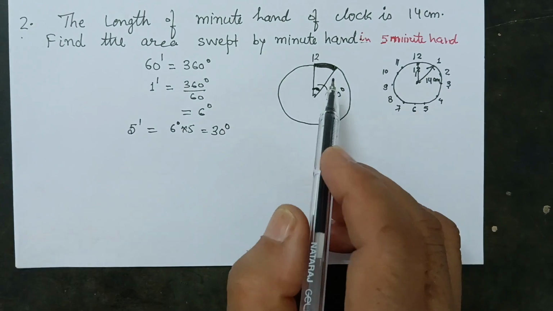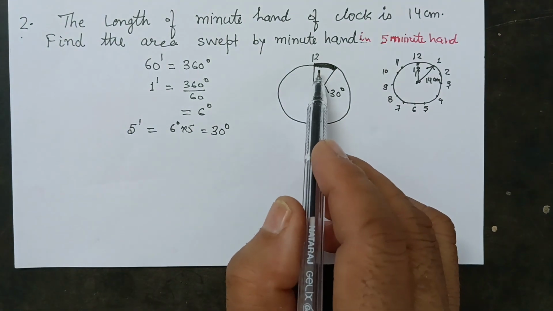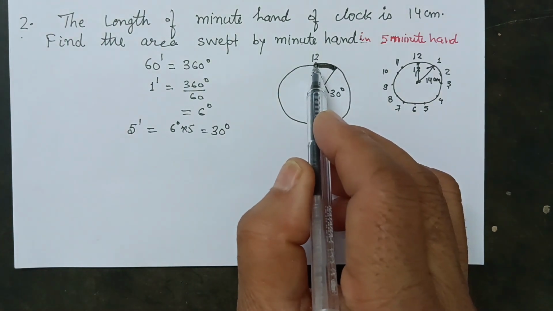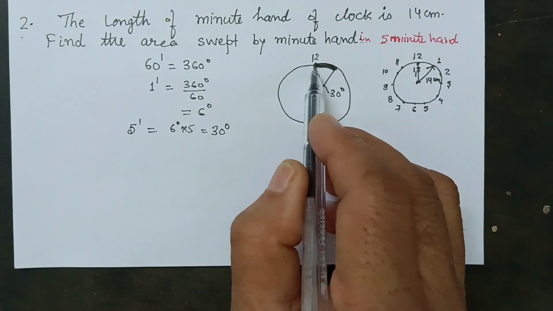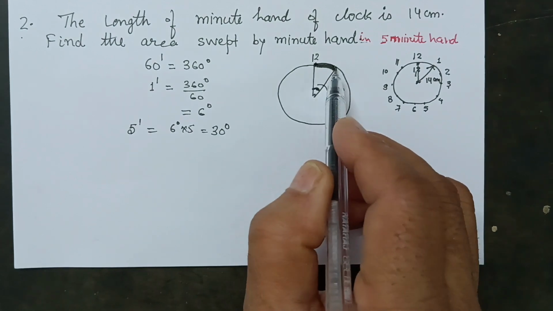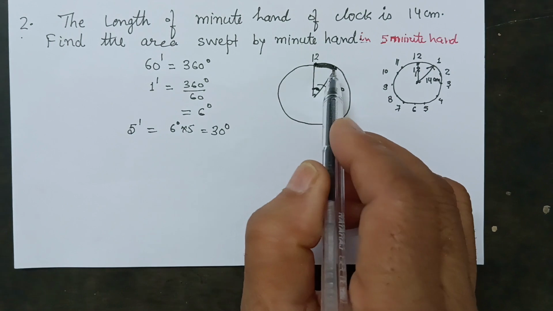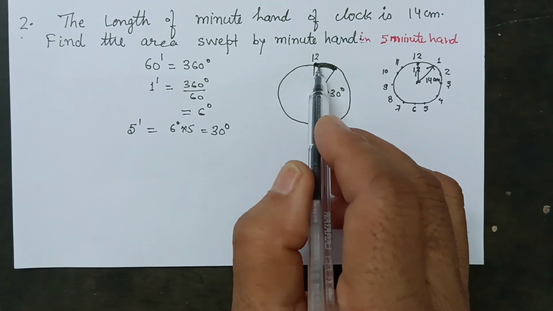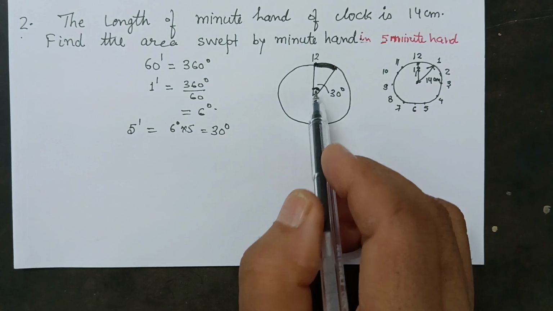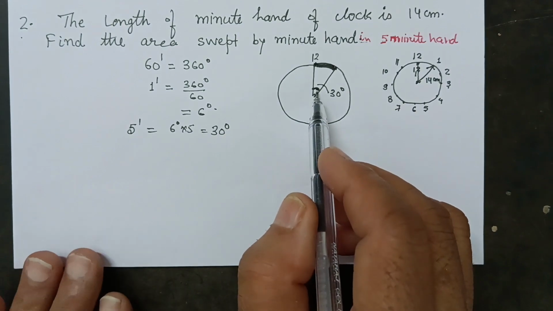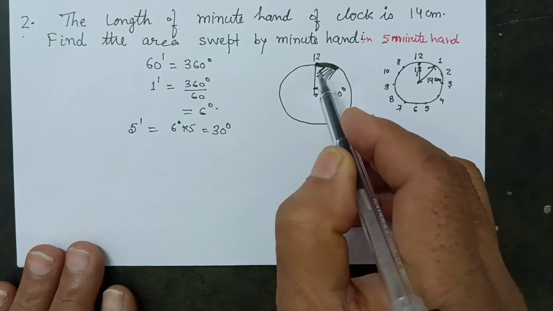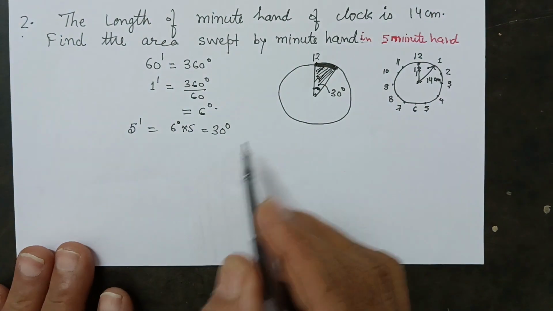I repeat, when the minute hand swept 5 minutes, that goes from suppose 12 to 1 o'clock. This is the circumference covered by the minute hand in 5 minutes. So 1 minute is equivalent to 6 degree central angle. So central angle is now 30 degree. Now we want to find the area of this shaded part.